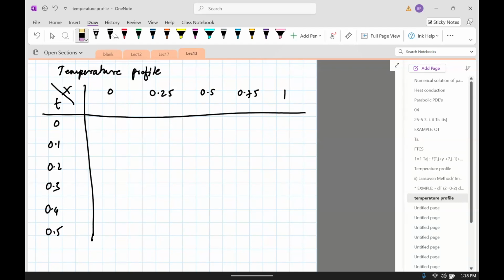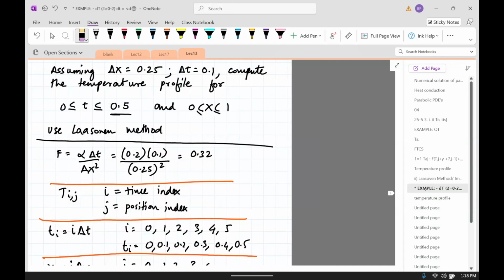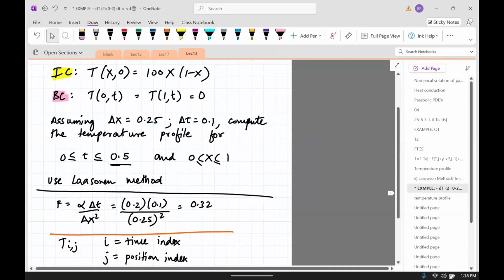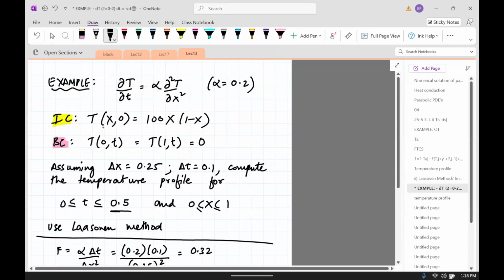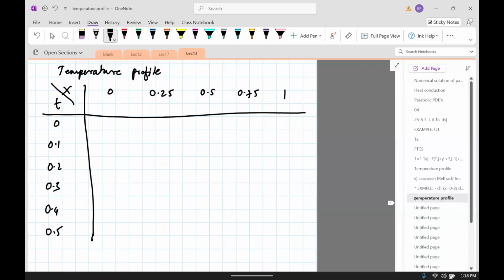You need to fill each of these. Each time you put a value there, you get a point. So let's try to see how many we can get without actually solving the equation. Those will come from the boundary conditions and the initial conditions. So the initial condition given to us is that T(x, 0) is 100x times (1 minus x).